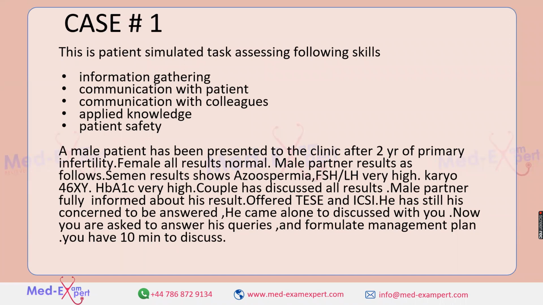So I'm here to discuss more details about the results and your concerns. May I know your specific concerns for today's consultation? Yes, doctor. I would like to know what happened to me and what I will do. Is there any treatment for me? I'm really upset that the doctor told me that I cannot be a father. It is very unbearable for me. Please tell me what treatment, medicine, anything for me.